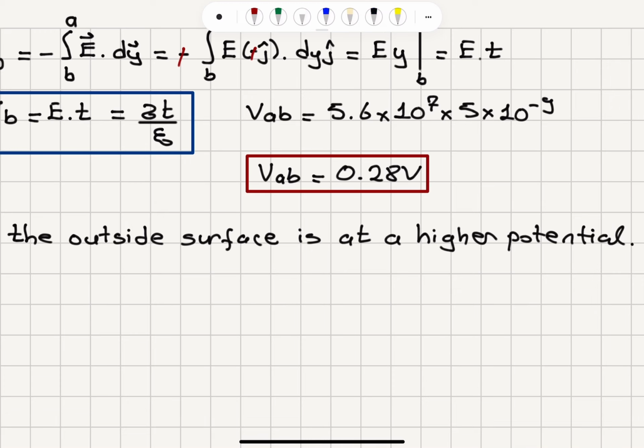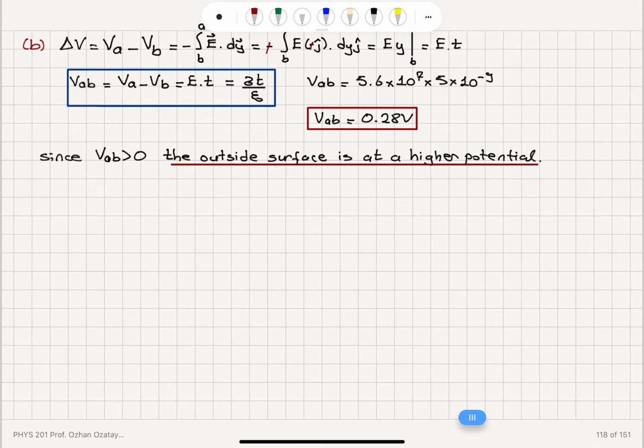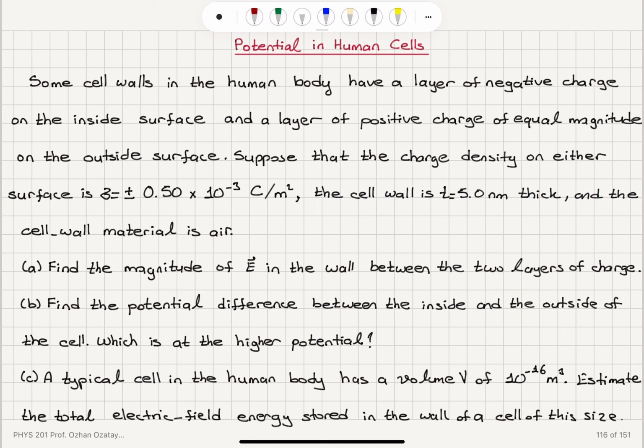So this is basically our answer as to which one is at the higher potential. So that answers the potential difference between the inside and outside of the cell, and we also found which one is at the higher potential.